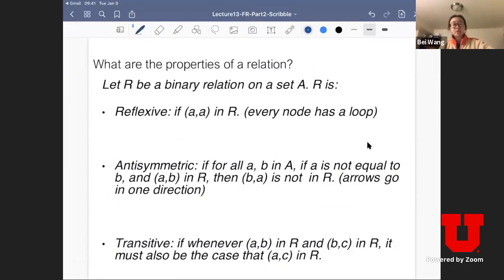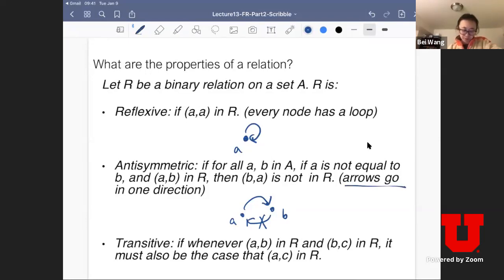So now let's review some of the properties of a relation. If I have a binary relation, it's reflexive if (a, a) is in there. If we have an arrow diagram, every element has a self-loop. Now, it is anti-symmetric if the pair (a, b) is in the relation, but the pair (b, a) is not in the relation.